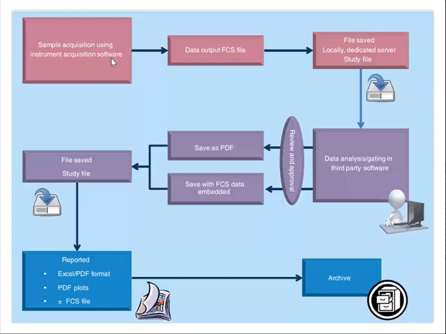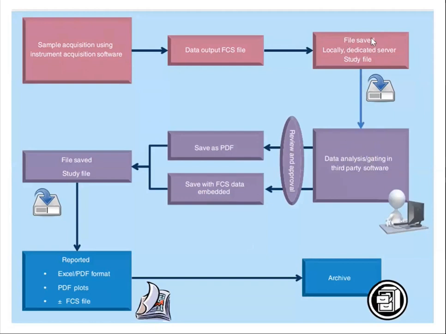So, sample acquisition using the instrument. Once it is acquired, in the acquisition software you will have the file. Then you will be transporting the FCS file. The file is saved in a dedicated server or a study file. Of course your computer will save it, and once it's overloaded, you can copy it to a hard disk. Then that particular file will be transferred to another system.